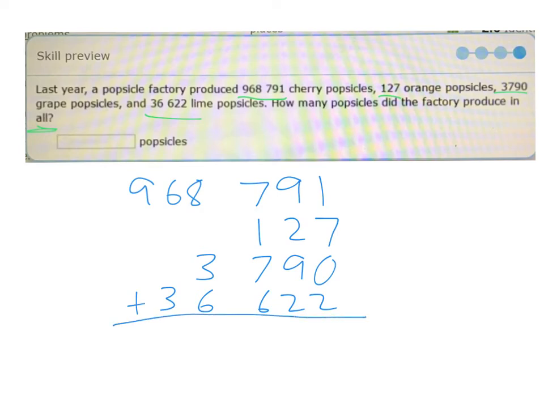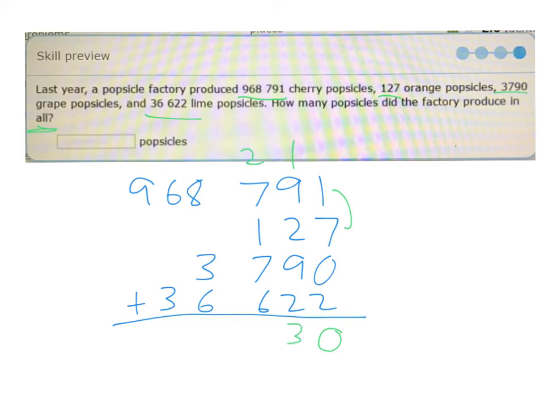Adding that together, 1 plus 7 is 8, plus 0 is 8, plus 2 is 10, 0 down, 1 up. 1 plus 9 is 10, plus 2 is 12, plus 9 is 21, plus 2 is 23, 3 down, 2 up.